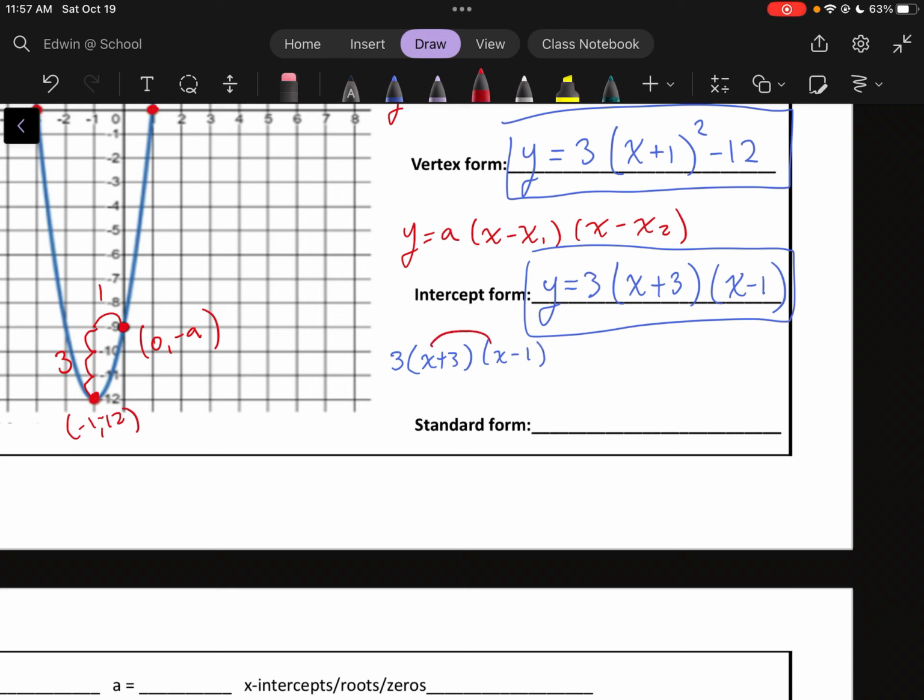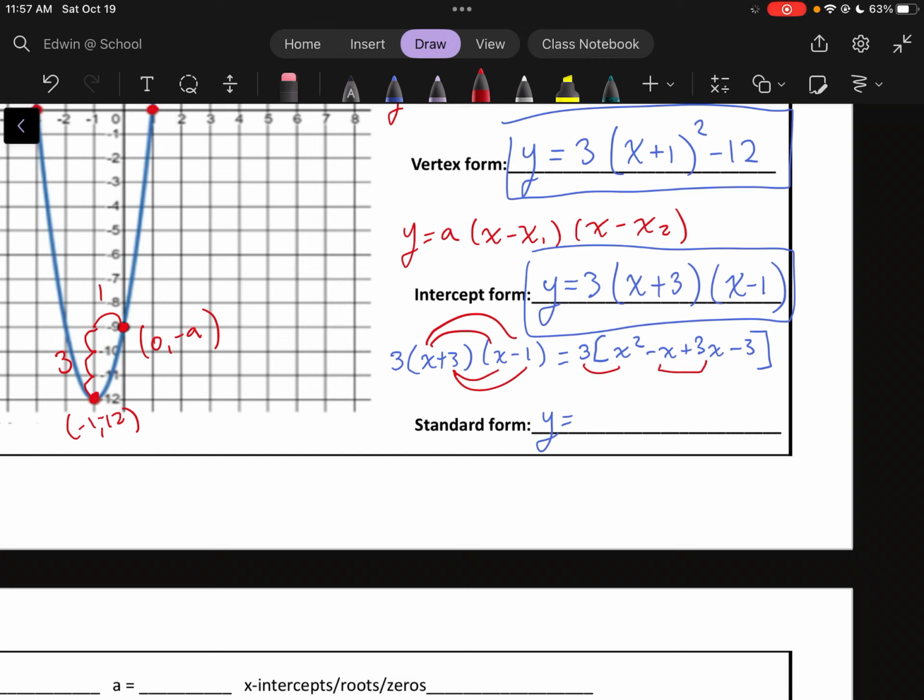So we're going to do this x times x, which is going to be equal to x squared. Do this x times the negative 1, which is going to be a minus x. I'm going to do this 3 times x, which is plus 3x. Finally, the 3 times the negative 1, minus 3. Actually, first, let's combine the like terms.